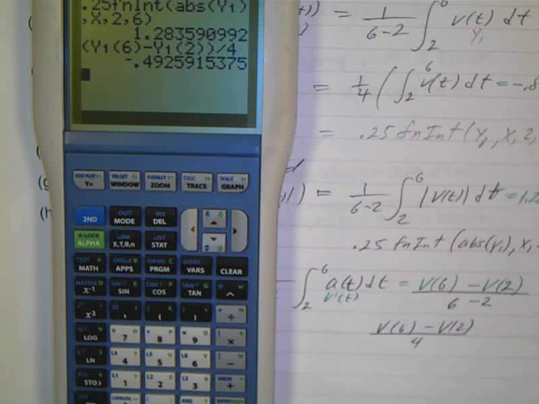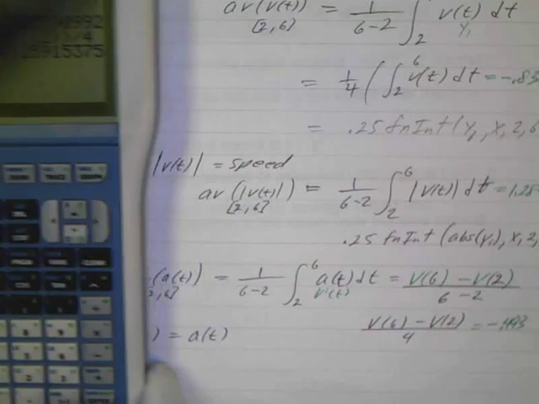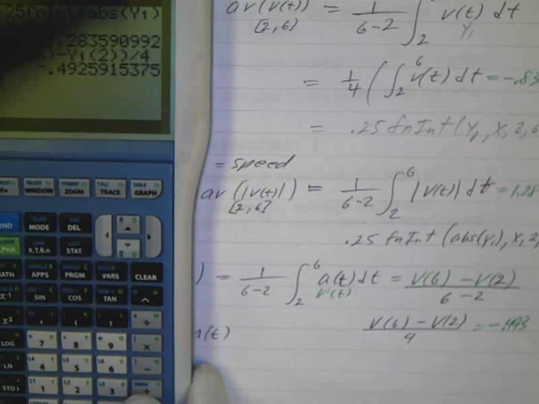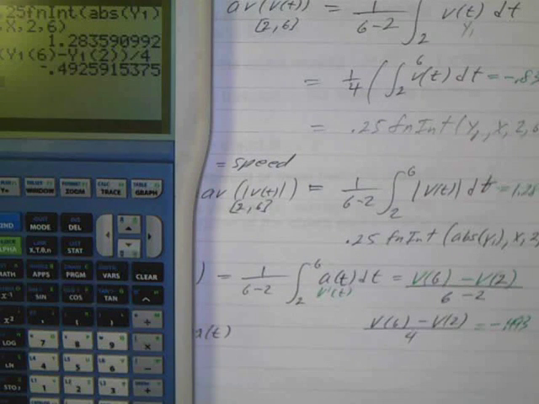Negative, I'm sorry, negative 0.493. All right? And that's your average acceleration on that interval. So take a look at that. And this will give you a good understanding of what's going on with particle motion, I hope.